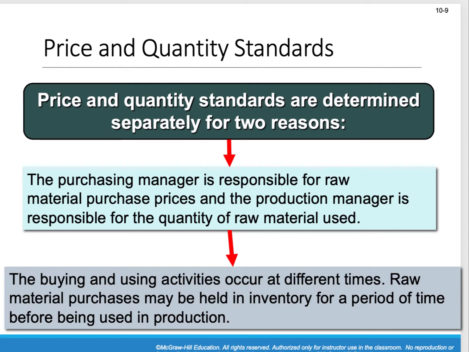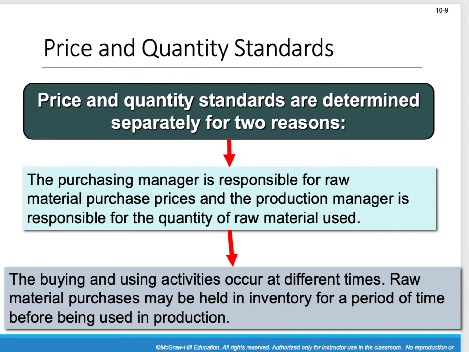The reason why this is important, especially if you work in manufacturing or even a service industry, is that there are two reasons why we break a variance down into price and quantity. Number one, we have two different people responsible for kind of the same thing, but different aspects of it.